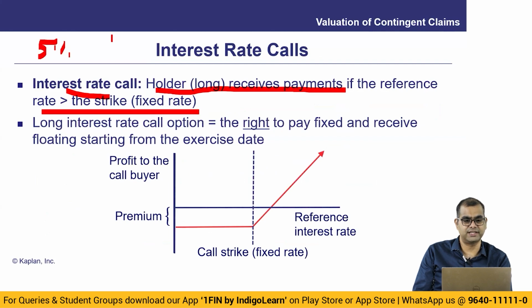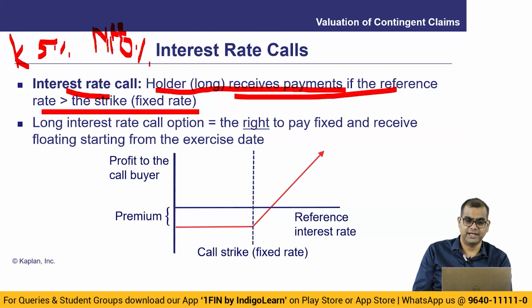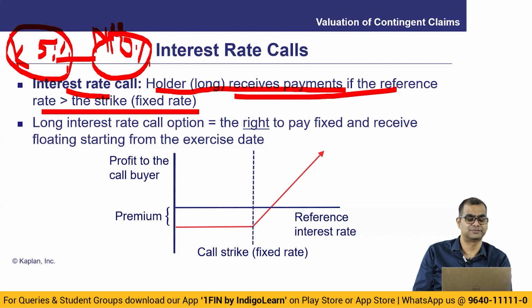The market rate, let us say, is 10%. So I receive payments if the reference rate is greater than the strike rate. This is the strike rate, and this is the market reference rate. If the market reference rate is 10% and my strike rate is 5%, I receive money.